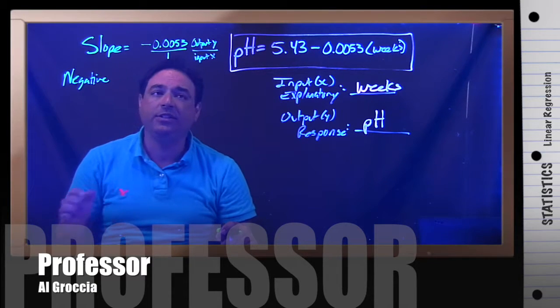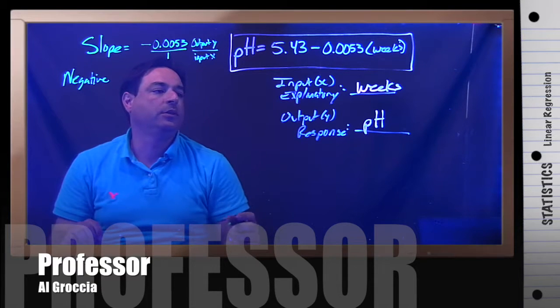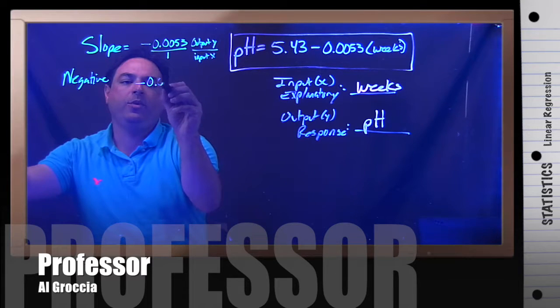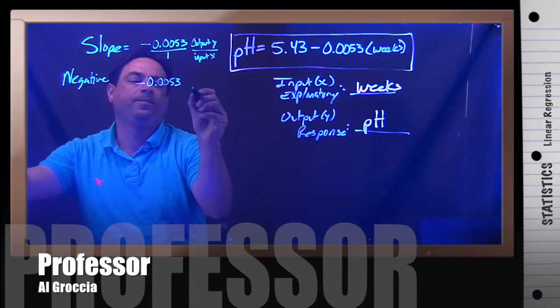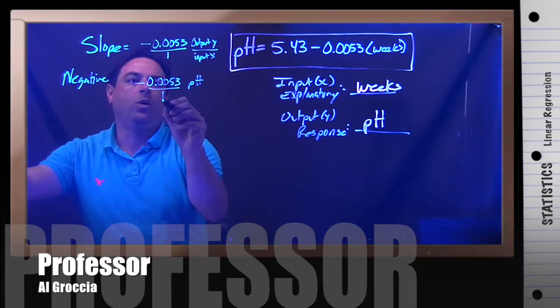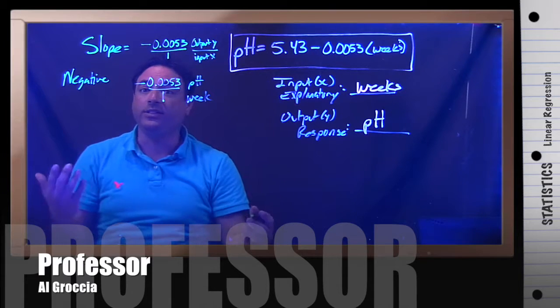So to understand this problem, remember our y is pH, and our x is weeks. So if I just label that 0.0053, that is our pH, over 1, that would be our weeks. It kind of helps identify what slope is.